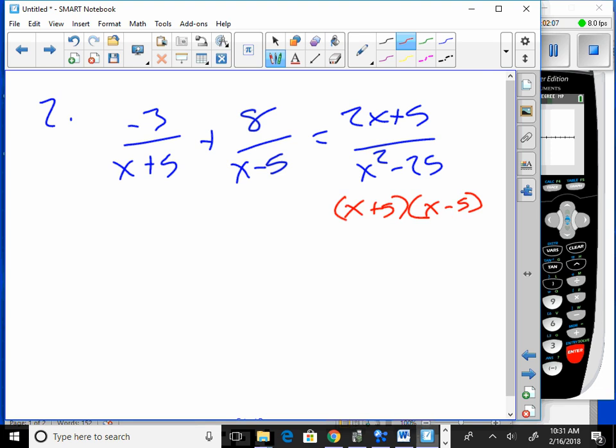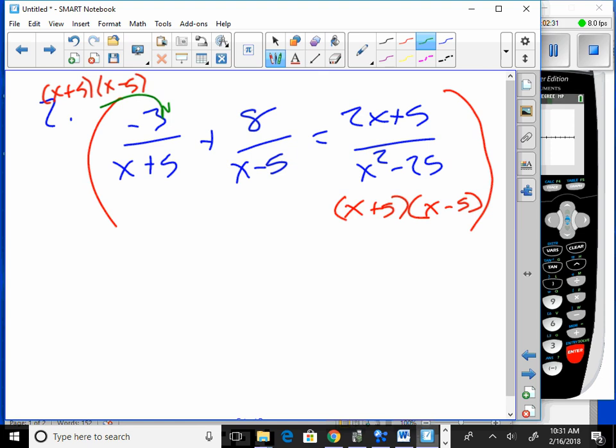So now looking at my denominators, the common denominator would be the x plus 5 and the x minus 5. So I can now go and multiply each fraction by x plus 5 times x minus 5. So when I multiply to the first fraction, the x plus 5 right here would cancel out with this blue x plus 5.